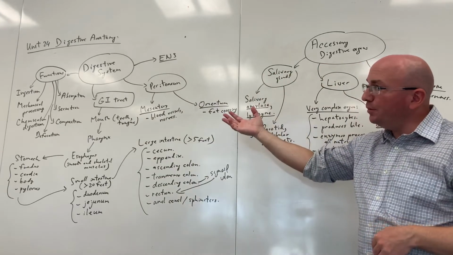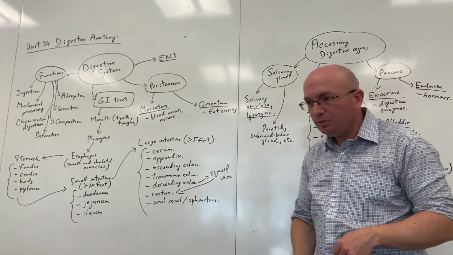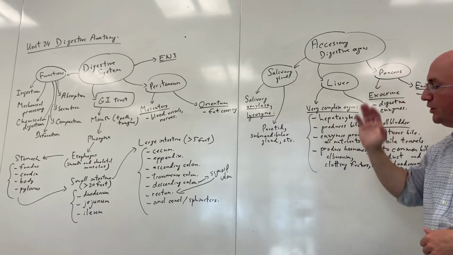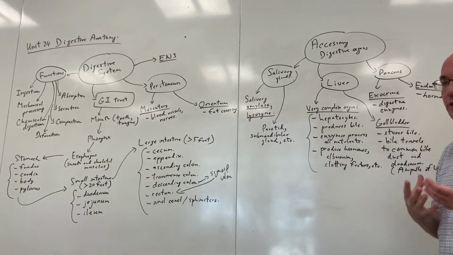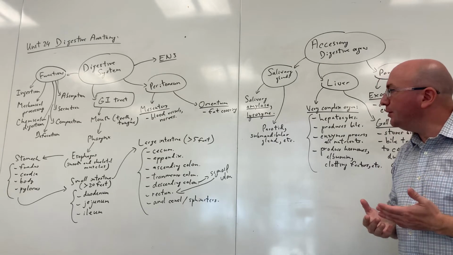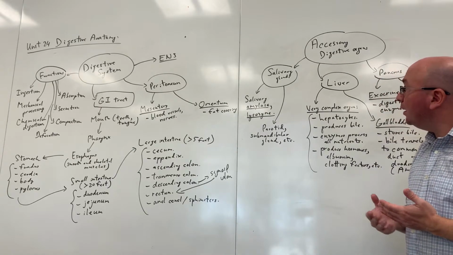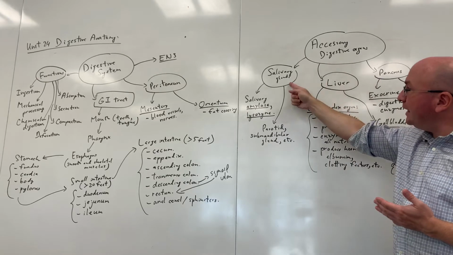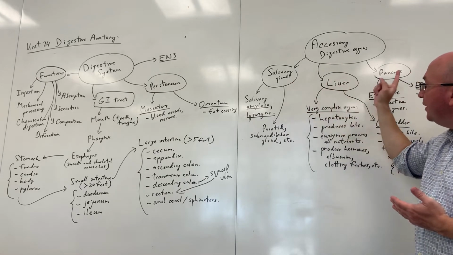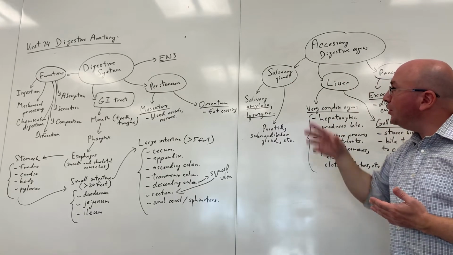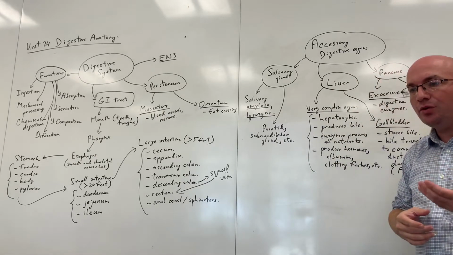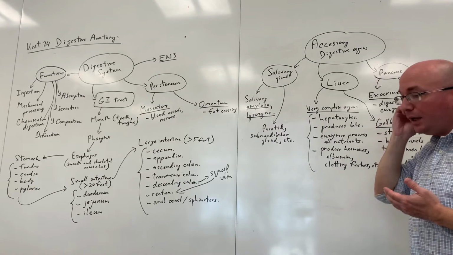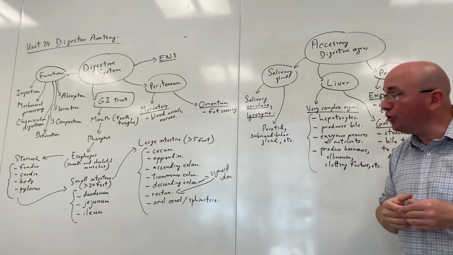Now, in order for the main digestive organs to do their job, we also have accessory digestive organs that help us to function properly and allow the digestive system to operate seamlessly. So here I outlined the salivary glands, liver, and the pancreas. We will talk about salivary glands and pancreas more when we talk about the endocrine system, the different hormones, and gland-like structures.